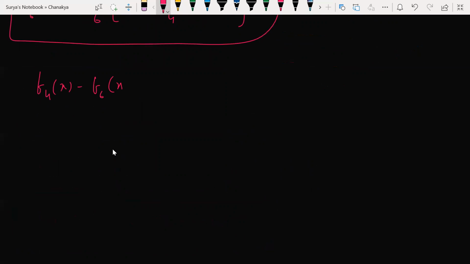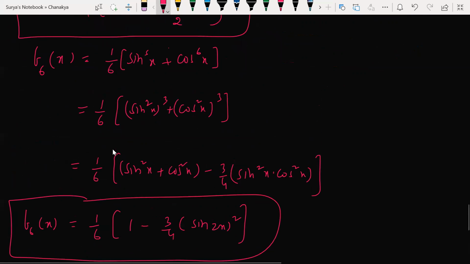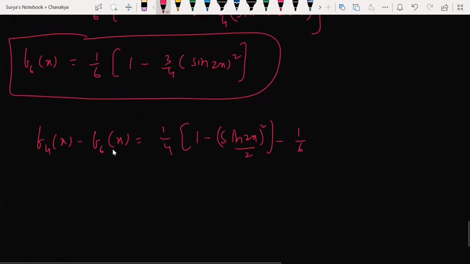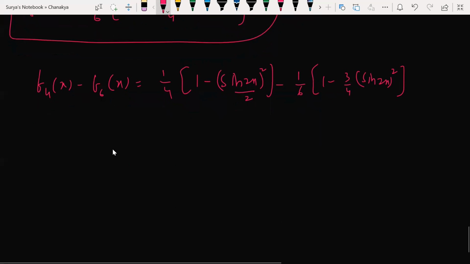Next, f4 of x minus f6 of x is equal to what? 1 by 4 times of 1 minus sin 2x by 2 whole square, minus 1 by 6 of 1 minus 3 by 4 sin 2x whole square, right?